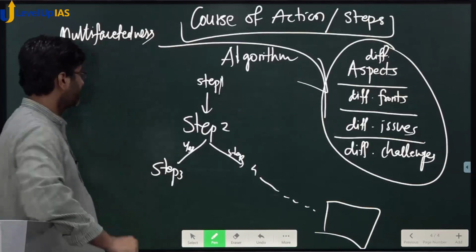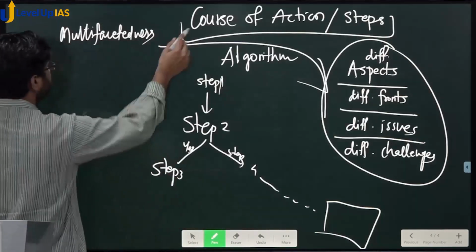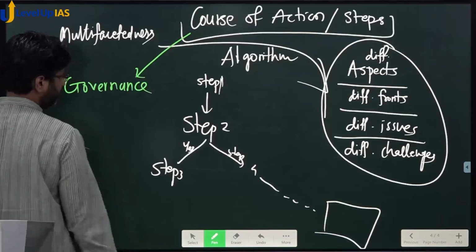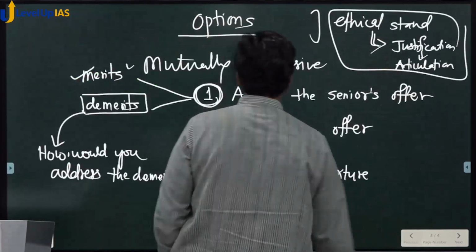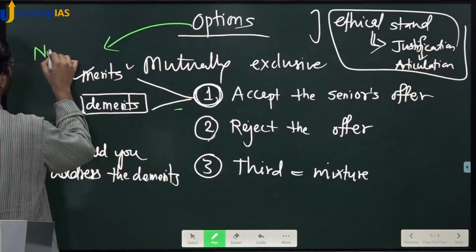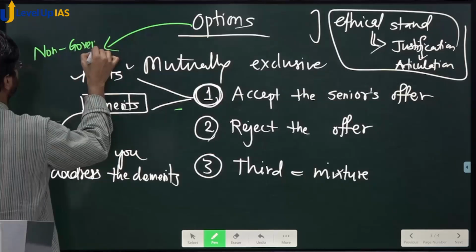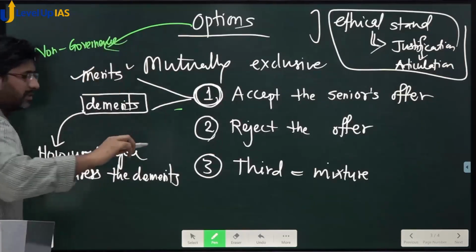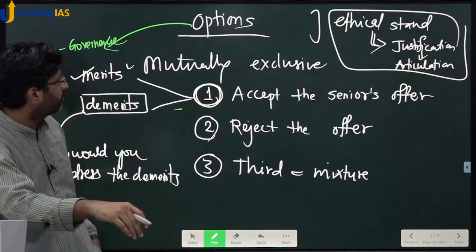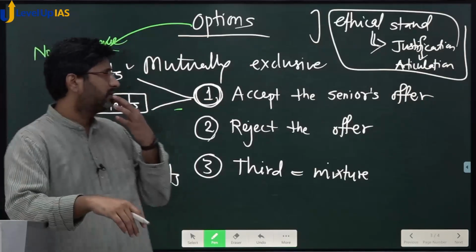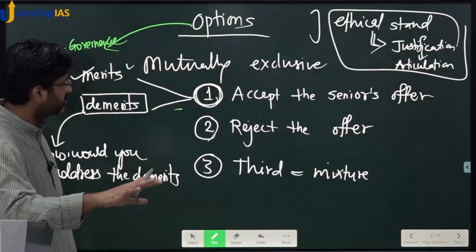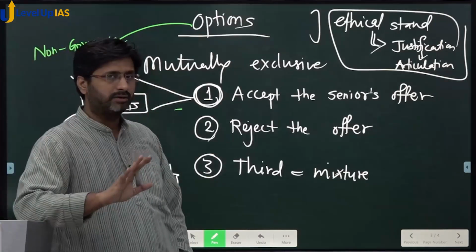And as I said, course of action में ज्यादातर गवर्नेंस की केस स्टडीज आती है. यू नो, गवर्नेंस का मतलब आपका कुछ रोल होगा, आप डीएम होंगे, आप एसपी होंगे, ब्ला ब्ला. और इस पे ज्यादातर वो दोनों आती हैं वैसे, बट नॉन गवर्नेंस वाली यहाँ पे जो है ज्यादा आती है. नॉन गवर्नेंस की ज्यादा, लाइक एज आई सेड, योर फ्रेंड इज दिस, योर पेरेंट्स आर दिस एंड लाइक दैट. तो उसमें गवर्नेंस का कोई पार्ट नहीं होता, लेकिन यू हैव सम एथिकल स्टैंड and some justification for that stand is to be taken. I hope this is understood, because this is very, very important.